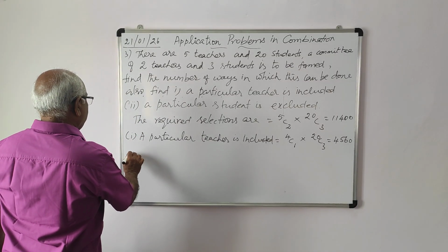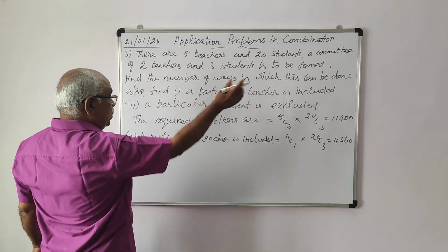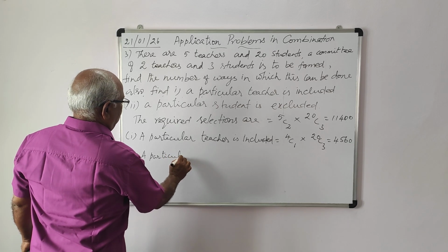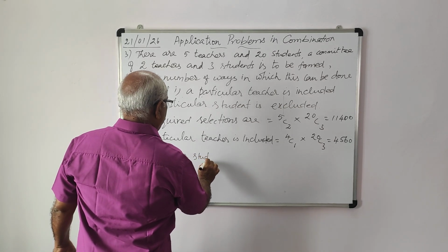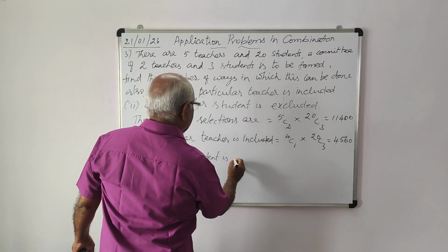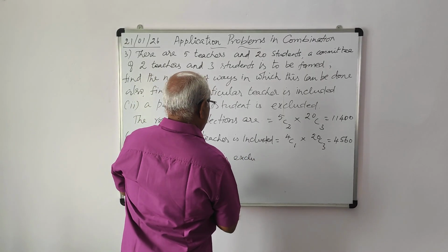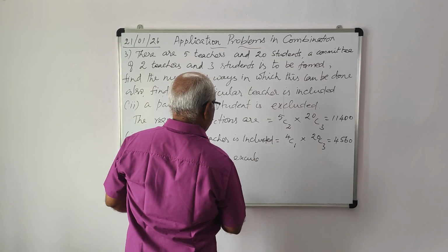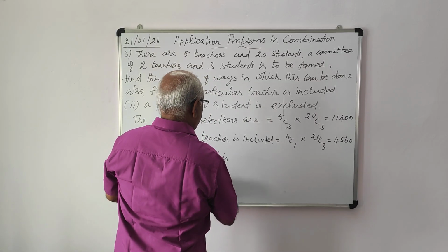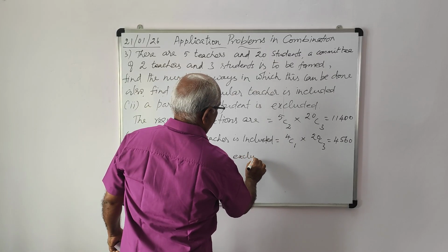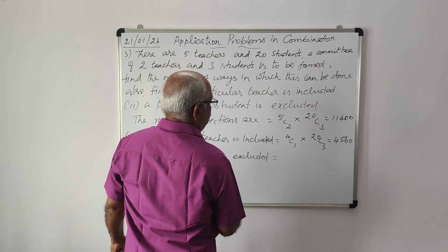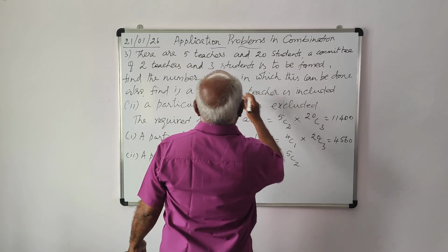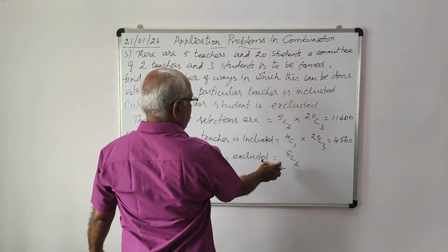Second, a particular student is excluded, that means eliminated. 1 student is excluded from the 20. But out of 5 teachers, 2 teachers are to be selected as usual.